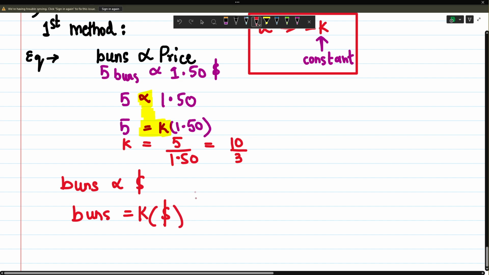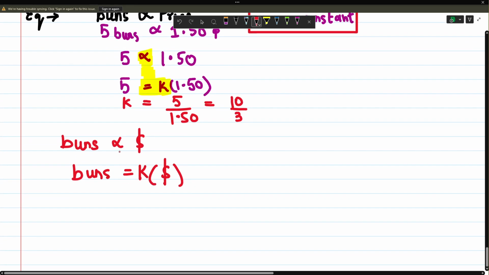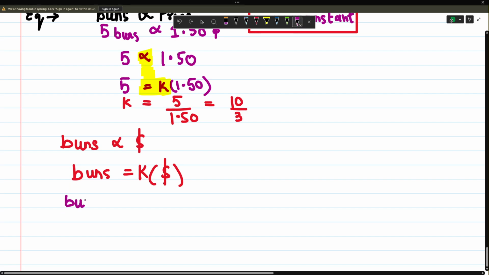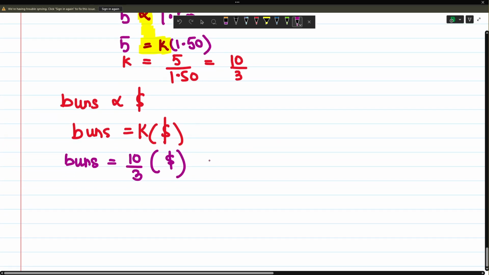Is this right? मैंने basic equation में बस इस sign को change किया है to equals to k. अब now we have the value of k, so we are going to put the value of k because it's the constant. तो constant की value change नहीं होती, the value does not change. So I'm going to put 10 upon 3, right like this. So this is known as your basic equation of the ratio of the proportion. This is the basic equation.